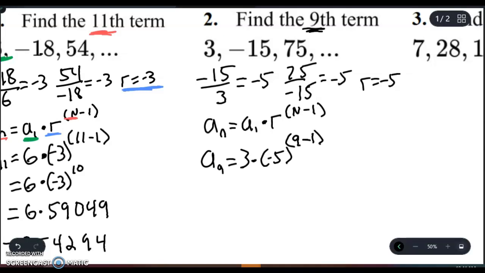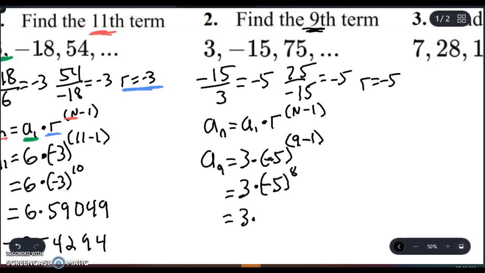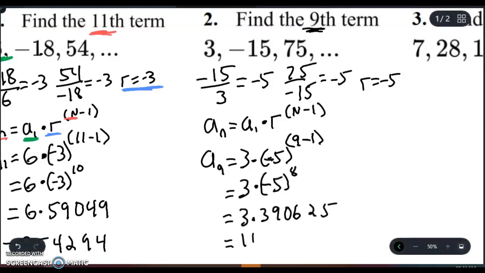So we have 3 times negative 5 raised to the 8, since 9 minus 1 is 8. Negative 5 raised to the 8 is 390,625. Now 3 times that gives you 1,171,875. So this is your answer.